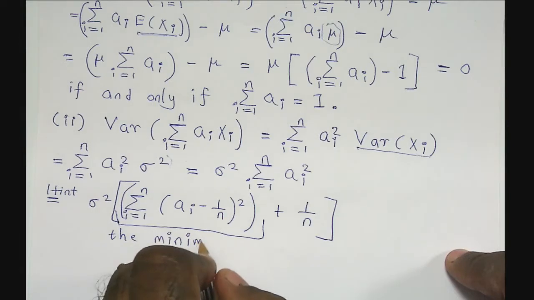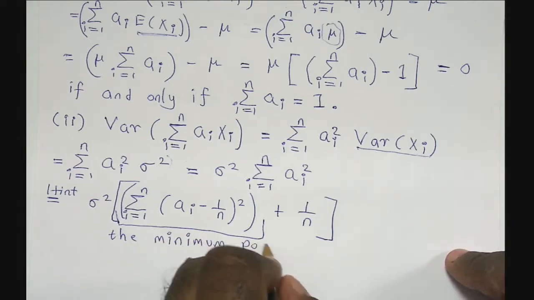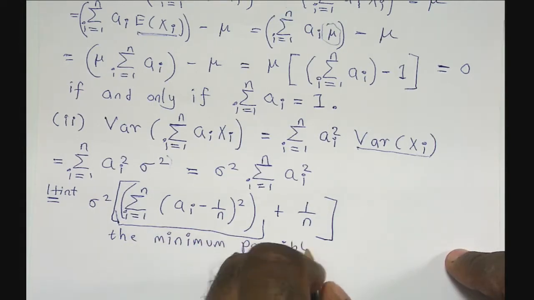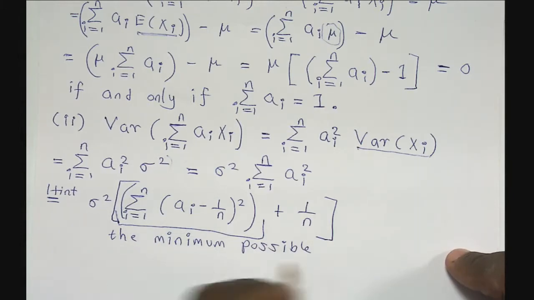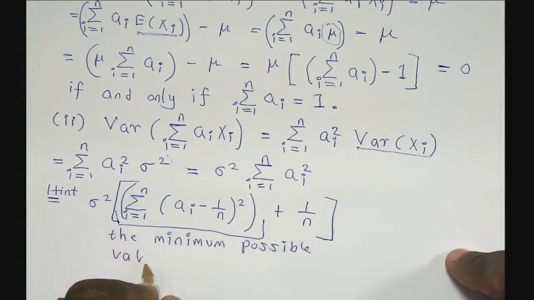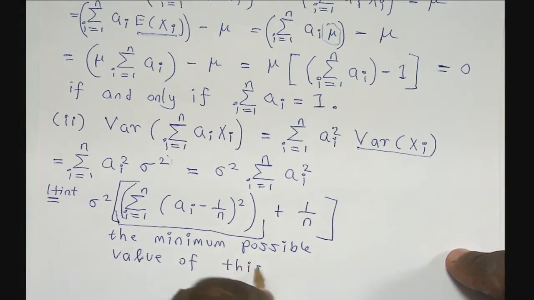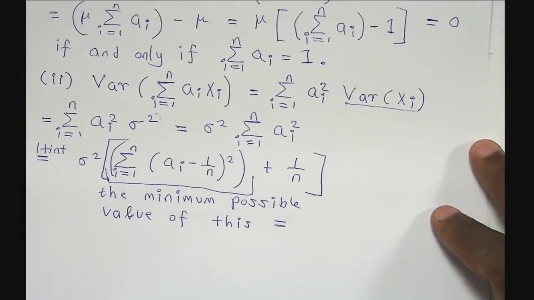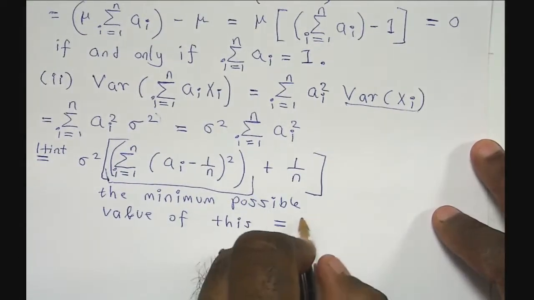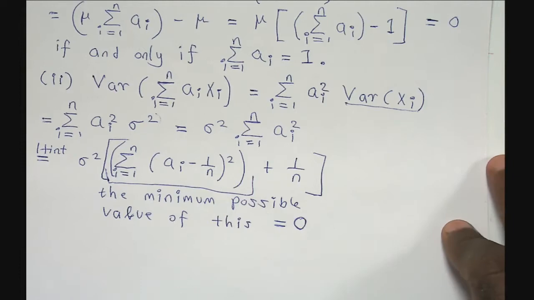Because we are trying to minimize this whole expression, the minimum possible value of this term is 0.